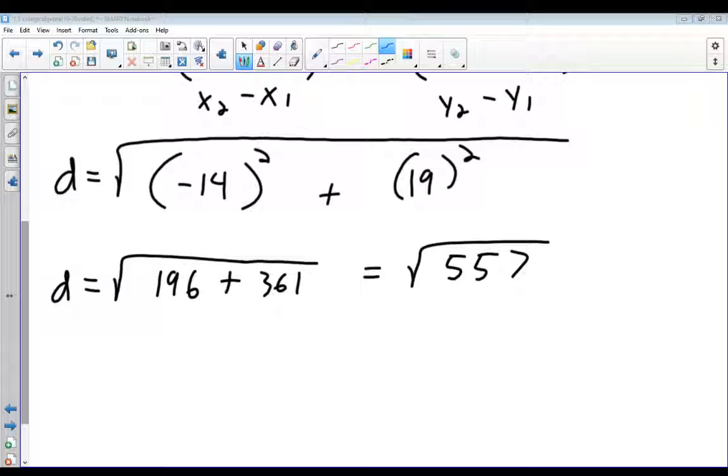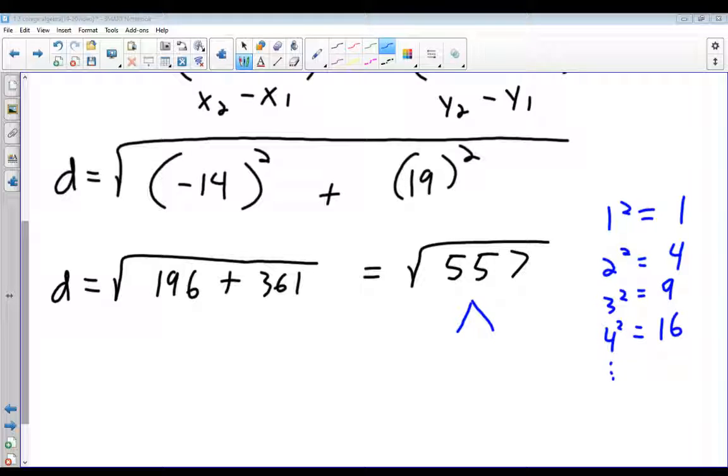But of course, make sure if it can split up or not. And I'll let you know ahead of time. No matter how hard you try for this one, like if you make the list of perfect roots and you keep trying them, you will eventually find out that 557 is actually a prime number.